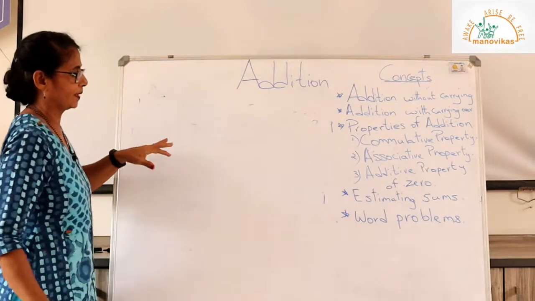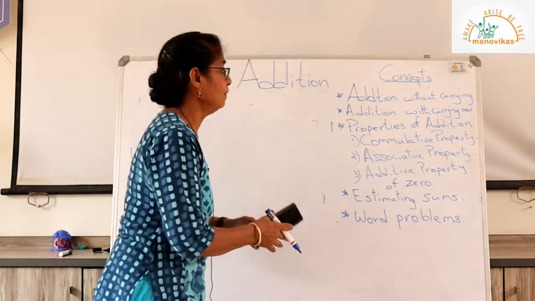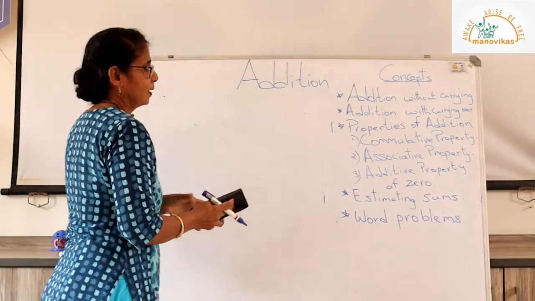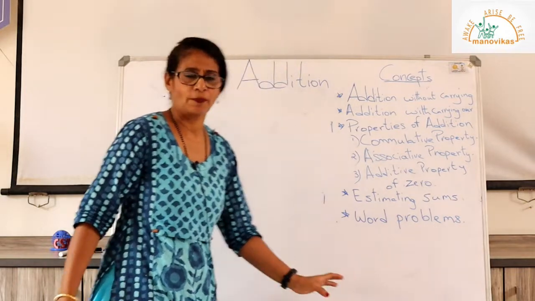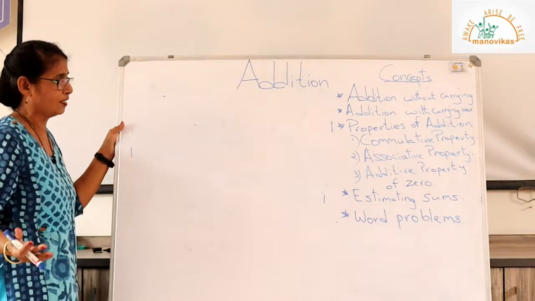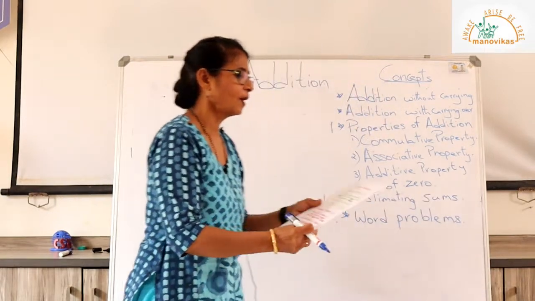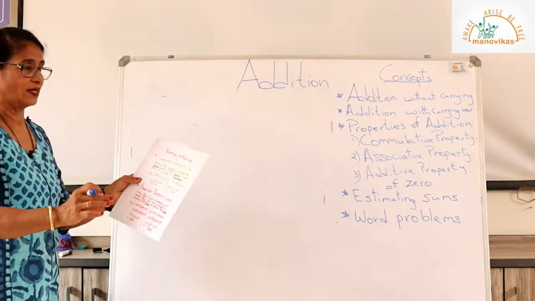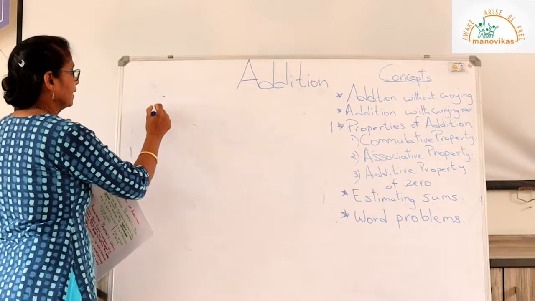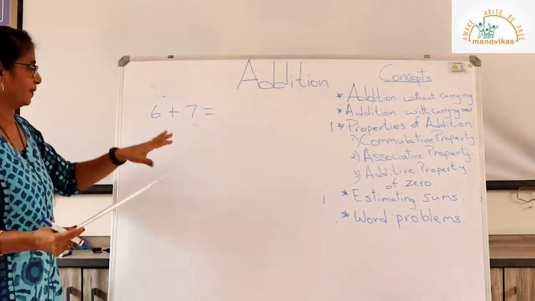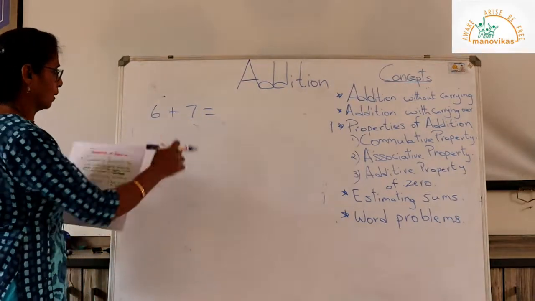The next topic is properties of addition. The first property of addition, commutative property, which is also called order property. In this property, the sum of the numbers remains the same even if you change the order.